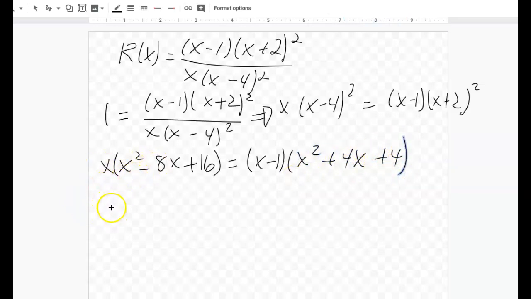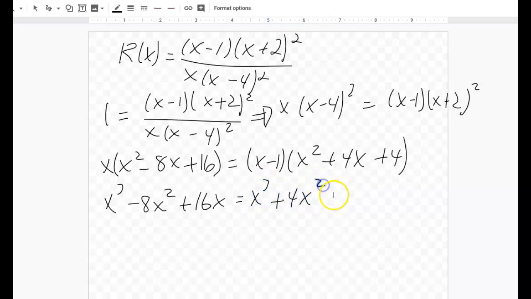So distributing this, we'll end up with x cubed minus 8x squared plus 16x equaling x cubed plus 4x squared plus 4x minus x squared minus 4x minus 4.